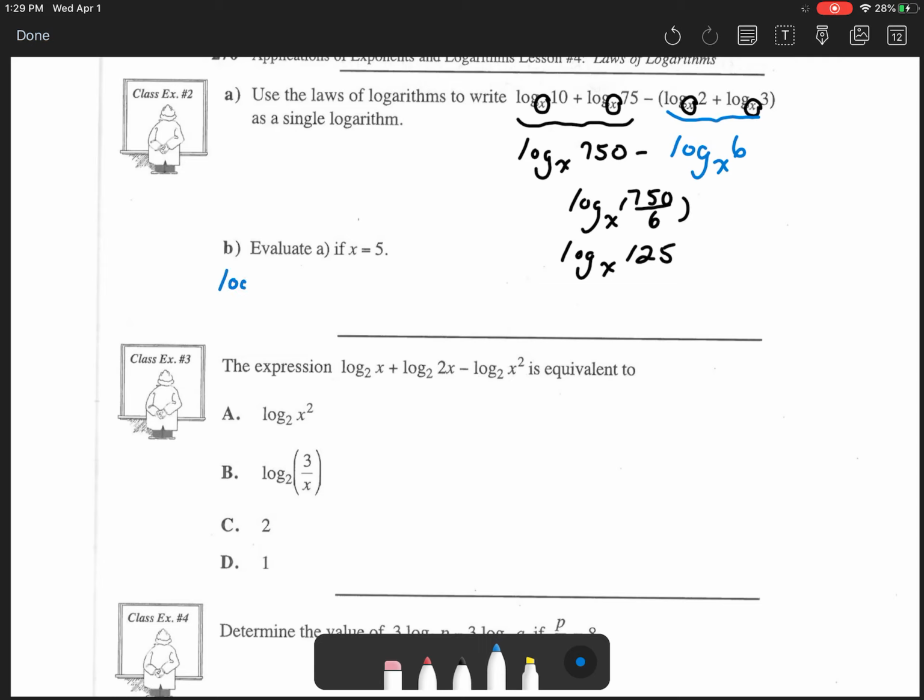So now I can take that expression, log base x of 125, and that now becomes log base 5 of 125, and that will have a value of 3. 5 to the exponent of 3 is equal to 125, so the value of that logarithm is 3.